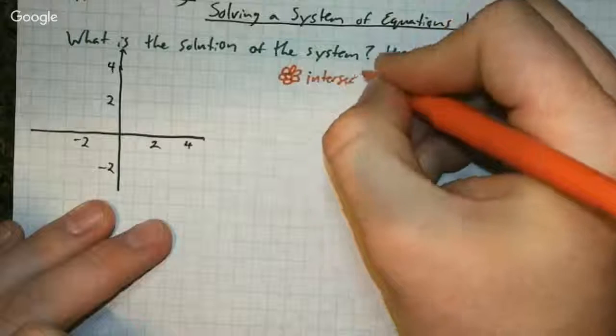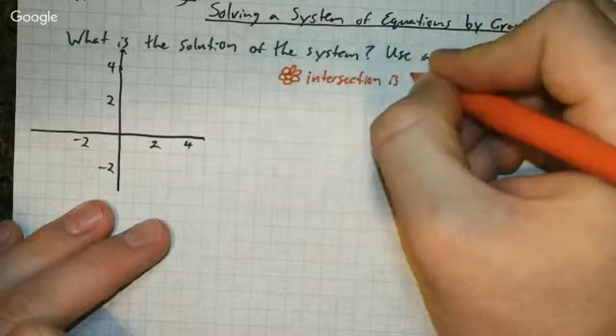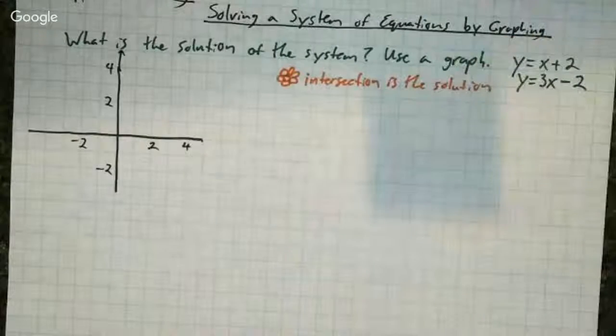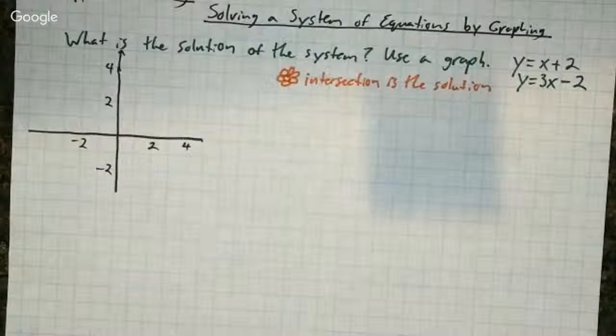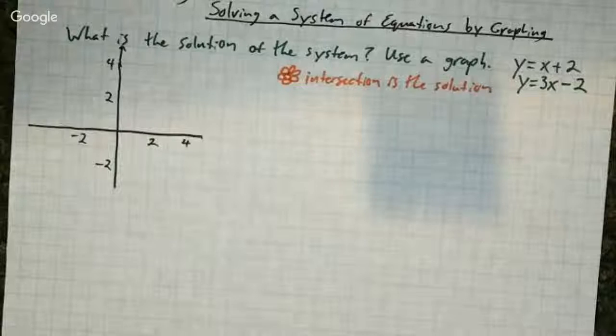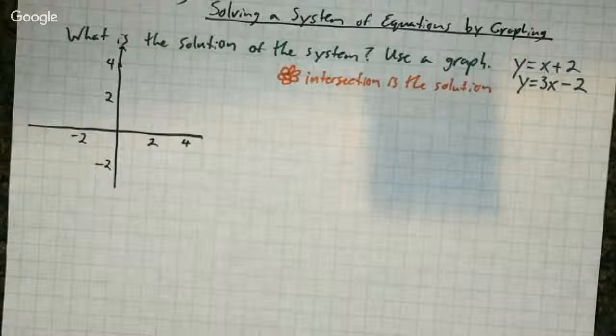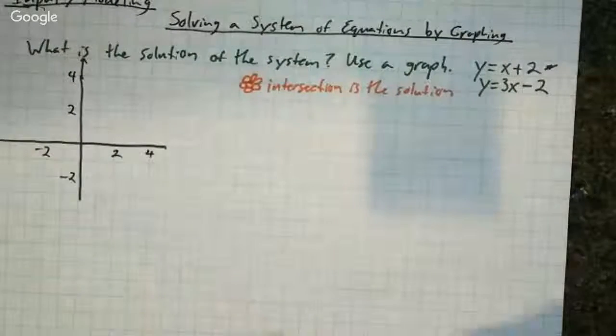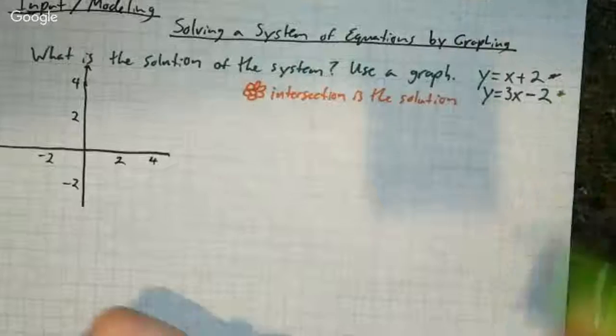The intersection is the solution. So before we start writing these out, I'm going to use two different colors for each of these. This one's going to be purple for me, and this one's going to be this light green for me.